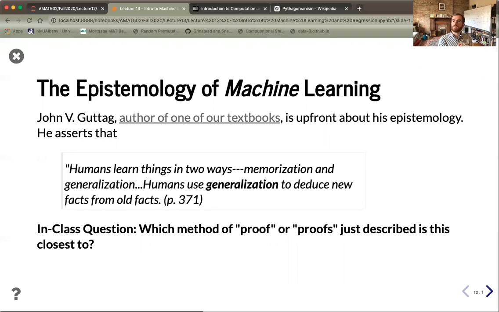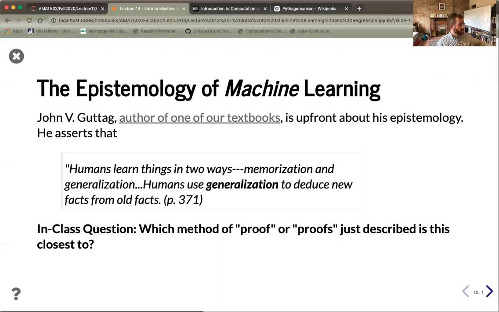Or we've got this orthodox Hindu school of thought called Samkhya, which tells us that we can go by perception, we can go by inference, or by reliable testimony. And those are acceptable ways of acquiring new knowledge.